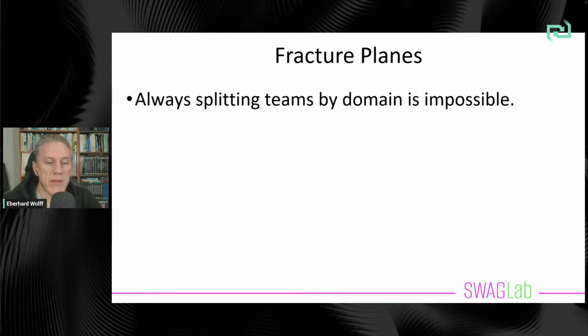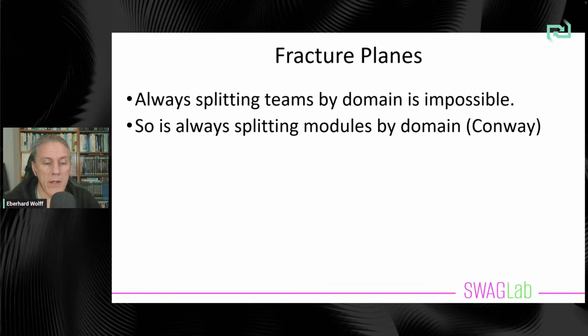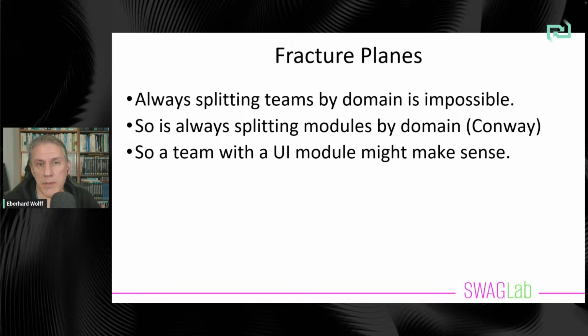So these fracture planes are interesting because always splitting teams by domain is impossible. That means that always splitting modules by domain is also impossible. You will have some technical modules, and therefore the inverse Conway maneuver, in my opinion, is something that sometimes just doesn't work. And therefore some team that works on a UI module might make a lot of sense.